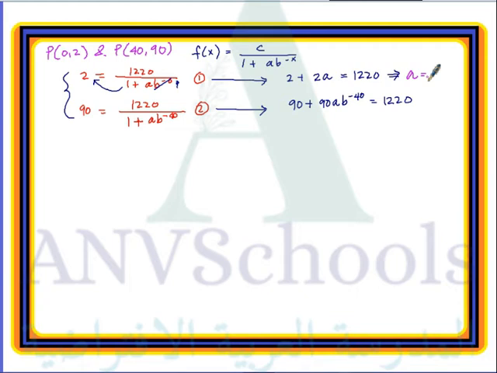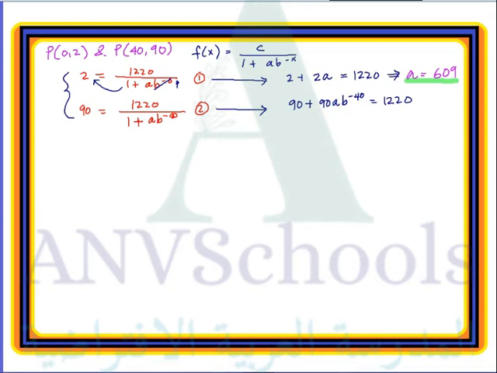So 1218 divided by 2 gives me 609. Okay, so I will replace the 609 in the equation here.